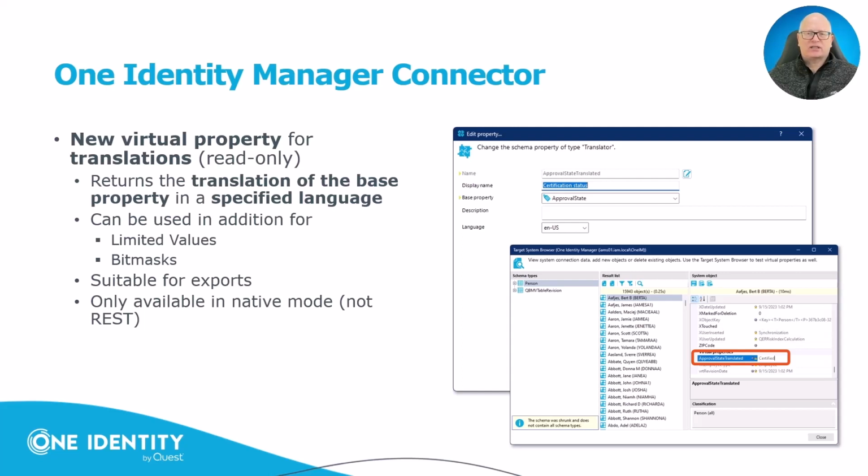And that change is the connector typically delivers data out of the Identity Manager. And in case of limited values or bit masks, typically you get the values, and you can as well get the display. But unfortunately, in the past, it was not possible to get translations of that specific display values.